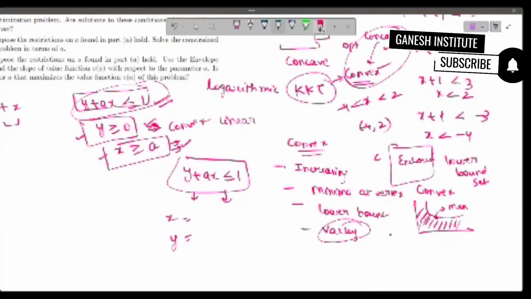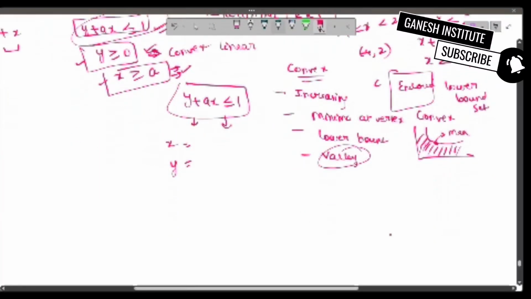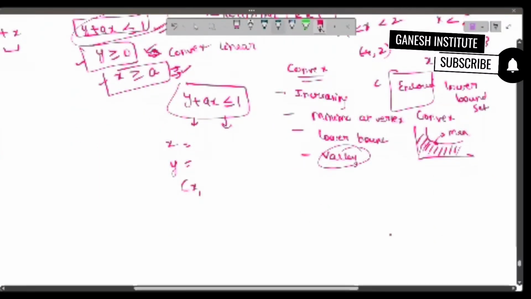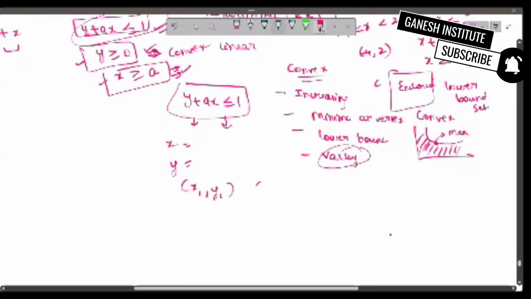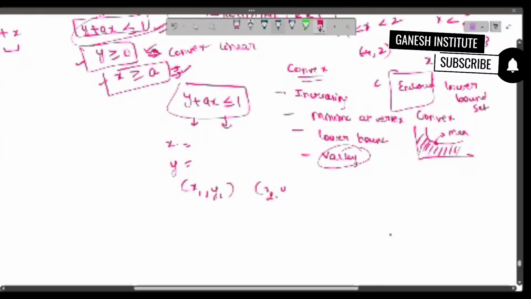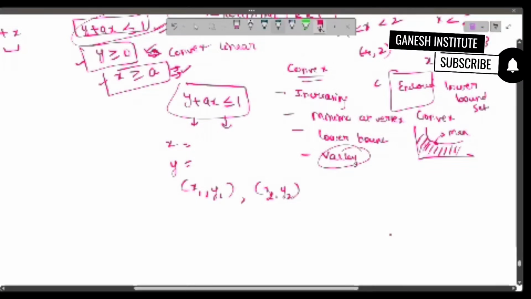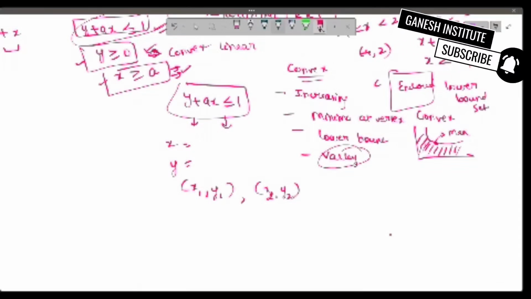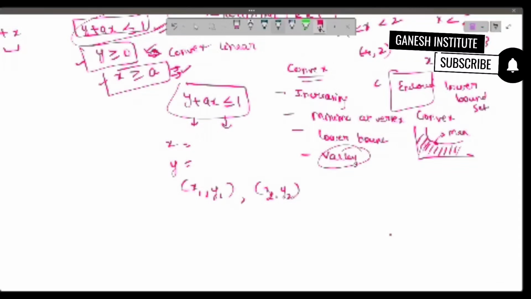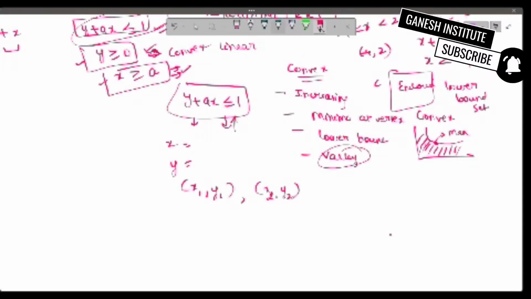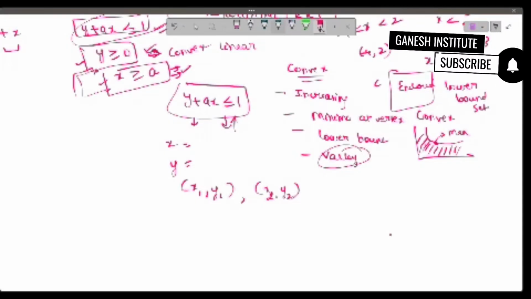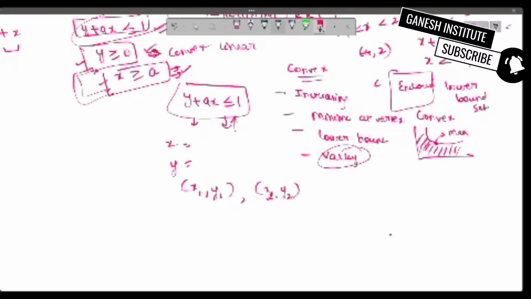Once you take x1, y1 and x2, y2, so that they can satisfy this condition and these two also, which you have already proved.